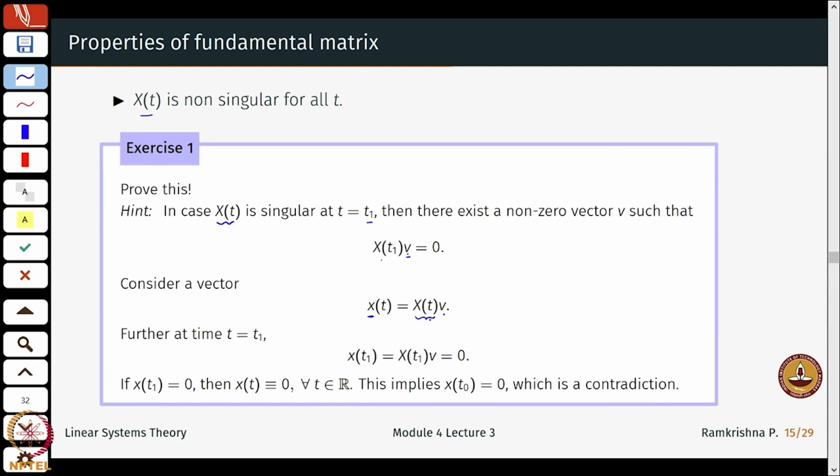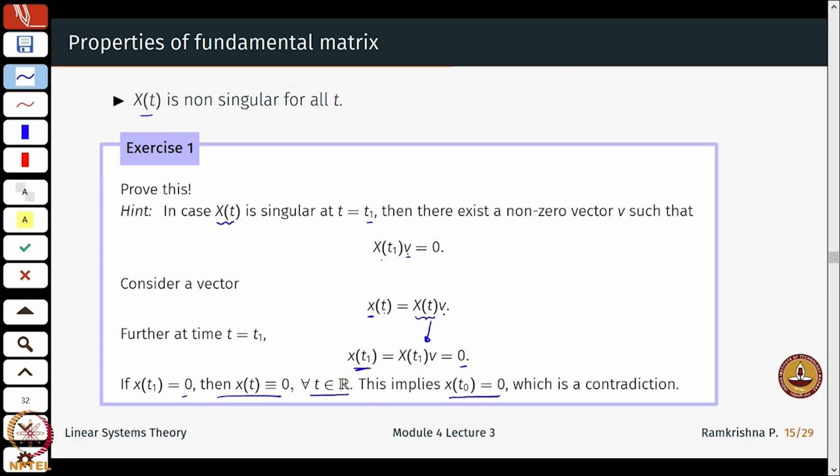Now, if I compute the value of small x at t1, it is capital X at t1 times v, which is equal to 0. If x(t1) is equal to 0, then x(t) is equal to 0 for all time t in R. What does it imply?